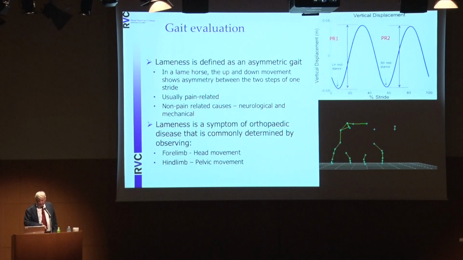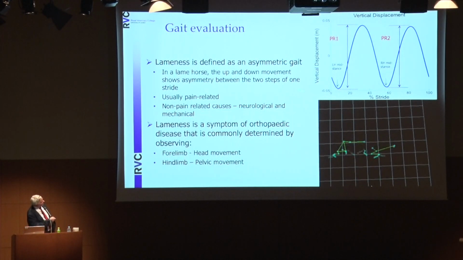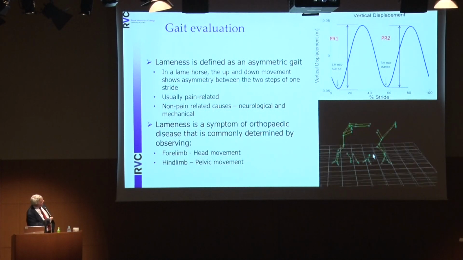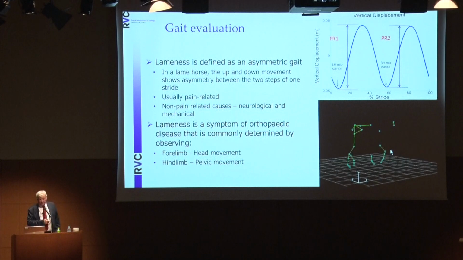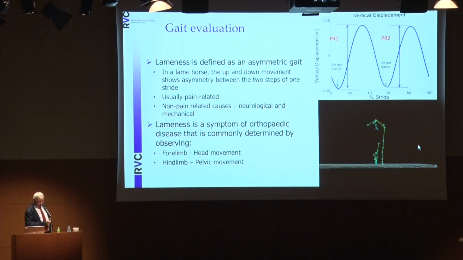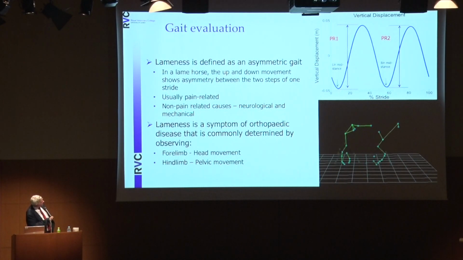But with lameness, this changes, and it is usually pain related. But in a small number of cases, they may be unrelated to pain, and those would be neurological and mechanical causes.